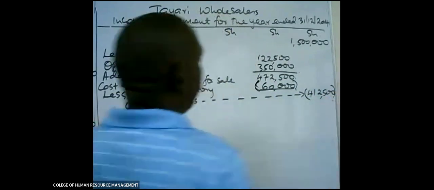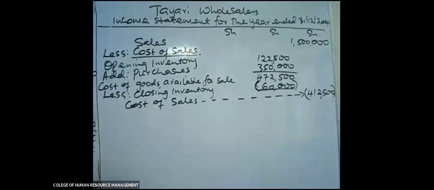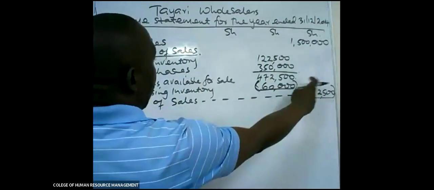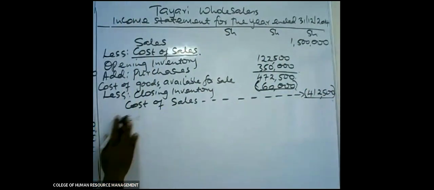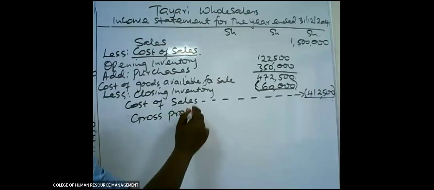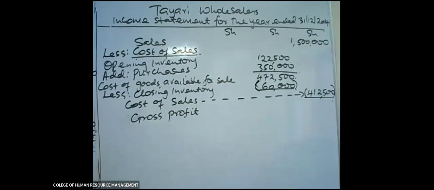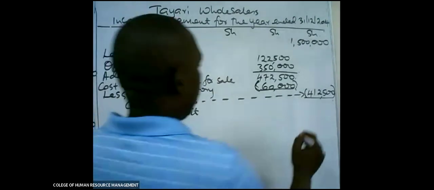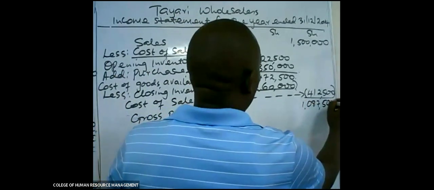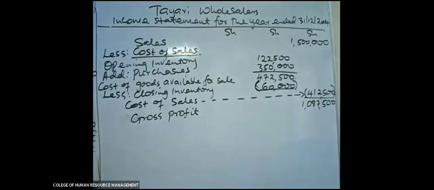This one we are deducting also, put it into brackets. Sales is higher than the cost, so we are going to get the gross profit, 1,087,500. That is the gross profit.